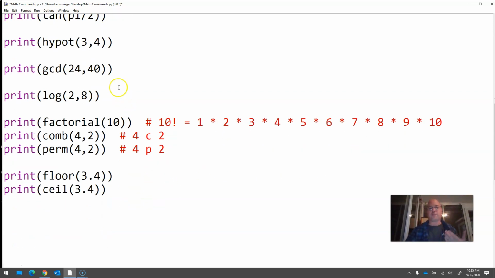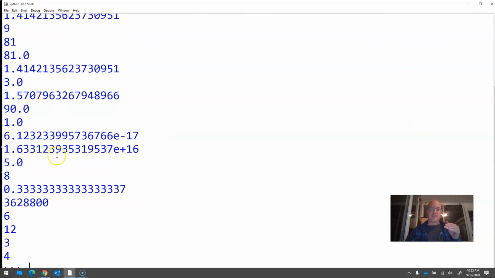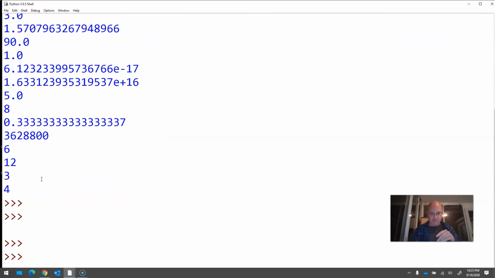Just picture floor and ceiling. Floor is on the ground, ceiling's on top. So if I have 3.4, it's going to give me, down at the bottom there, you can see 3 and 4. Because 3.4, what is the greatest integer below that? In other words, the floor. So 3.4, it's 3. The ceiling, it's going to go up. So floor down, ceiling up.